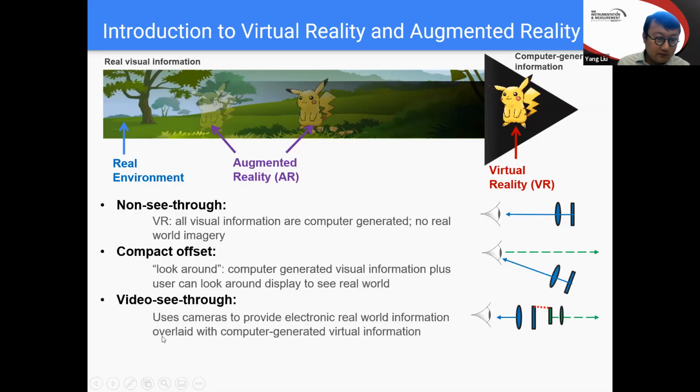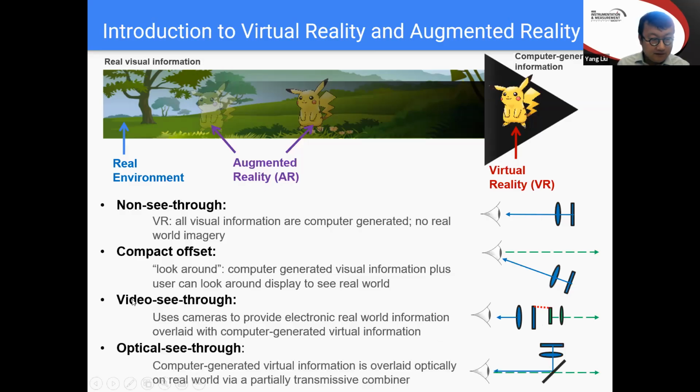The third way is called the video see-through configuration, where you can use cameras as your eyes. So you can gather information through cameras and display that through the micro display to your eyes. Everything you see is digital, but part of the digital information is captured by the imagers and sensors in real time.